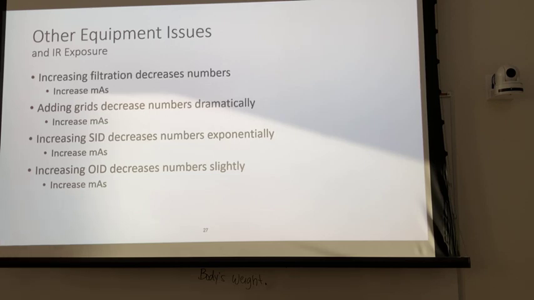So they remove scatter radiation. Scatter radiation lays down a layer of fog, and fog is a layer of unwanted density, but it's still density, right? So if your S number or your index number indicates that you properly exposed the patient without a grid, and then you introduce a grid, then what's your S number going to tell you?